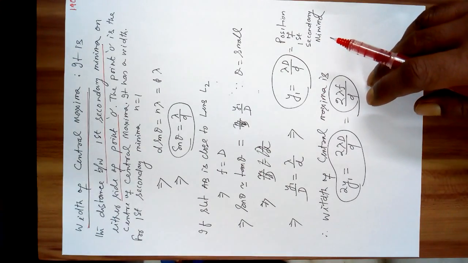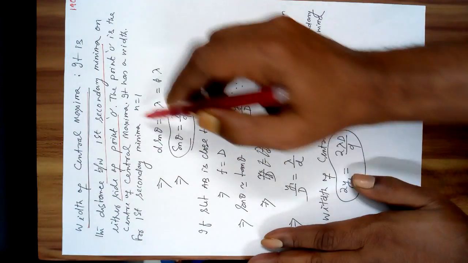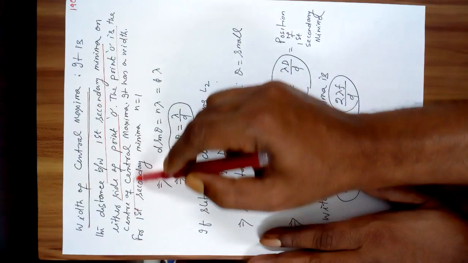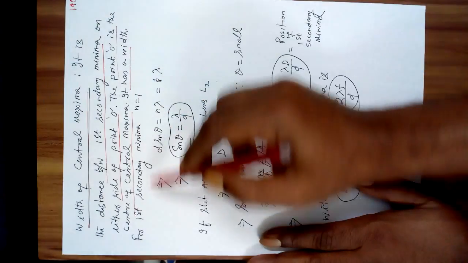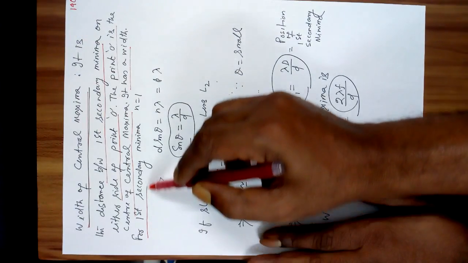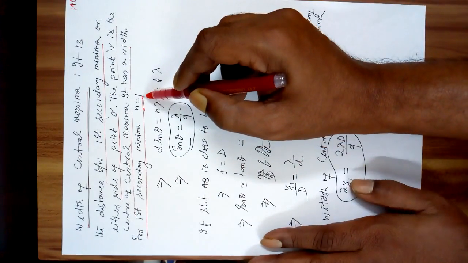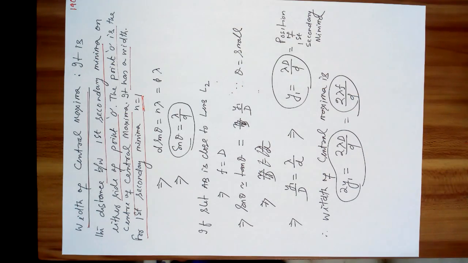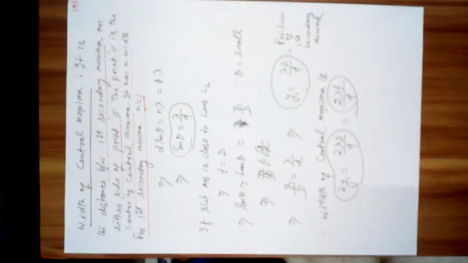So the point O is the central maxima. It has a width. For first secondary minima, n is equal to 1. I explained to you the condition for minima.